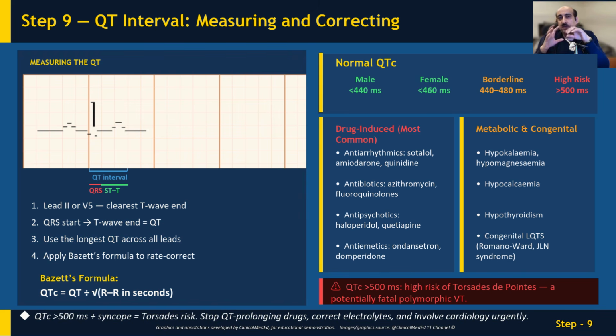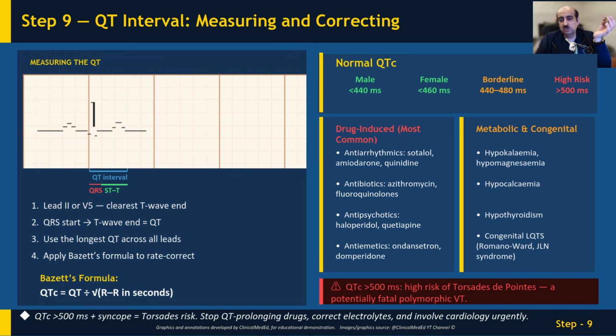And to be honest, whenever you are prescribing these in patients who are high risk, always check the baseline ECG for a corrected QT interval. Metabolic and congenital: a lot of electrolyte abnormalities, hypokalemia, hypomagnesemia, hypocalcemia, all of them can potentiate and even cause the corrected prolonged QT interval. Hypothyroidism is similar.